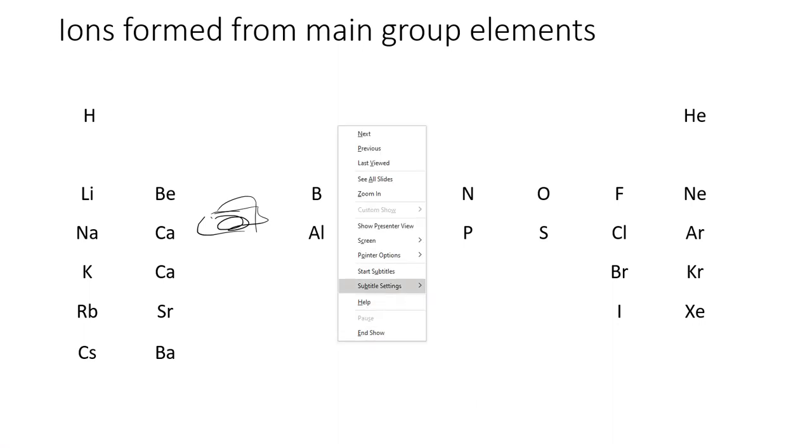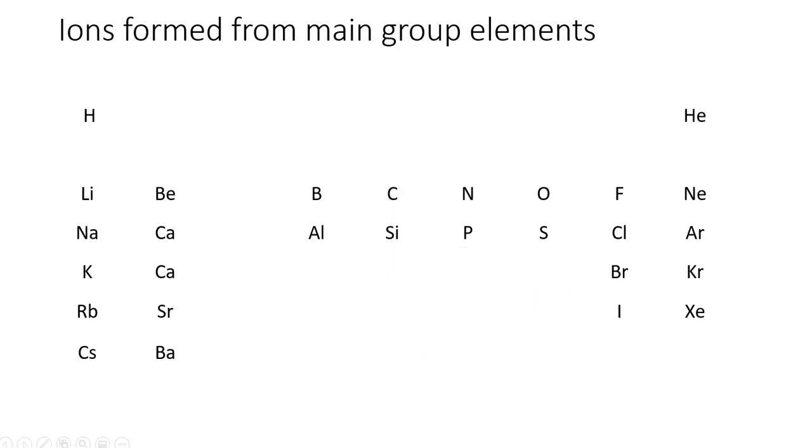I am just dealing with what I call main group elements. So this is group 1, group 2, 3, 4, 5, 6, 7, 8. So these are the main group elements.